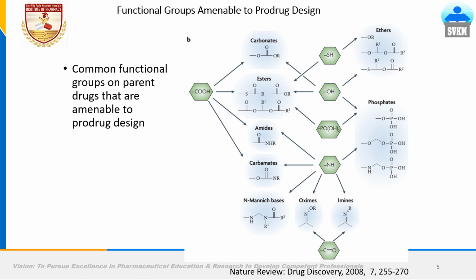Likewise, each functional group has different opportunities to convert into different prodrugs. Alcohol has a lot of opportunity to be converted to a phosphate or an ester. Phosphate and ester are very commonly used, while amide is used less commonly because it is more stable.